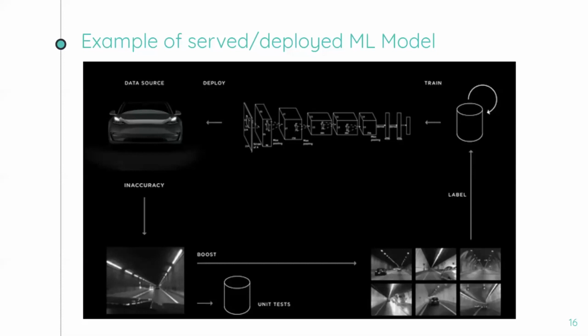In this example, Tesla was not performing well on images in a tunnel. So they get images from the tunnel, and then they retrain the model based on several images from a tunnel. And with that, it's going to perform better in a tunnel.